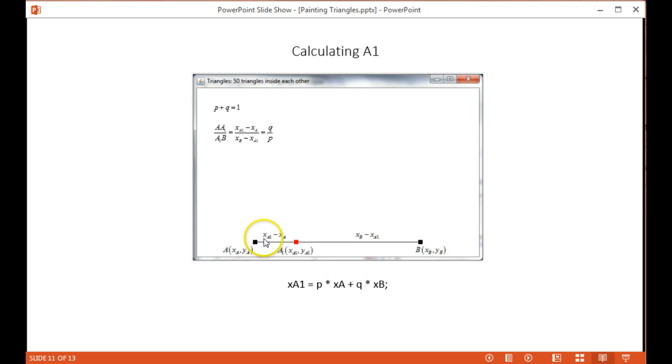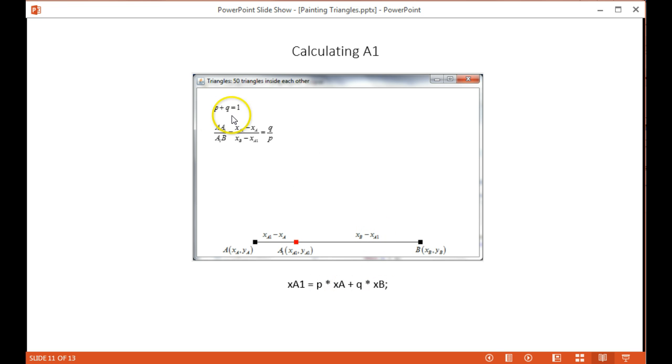Well, we know that the line segment AA1 has length XA1 minus XA, right? And this line segment from A1 to B has the length XB minus XA1, right?